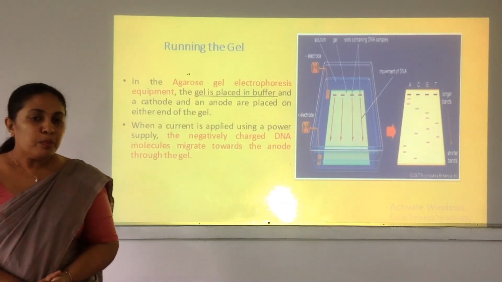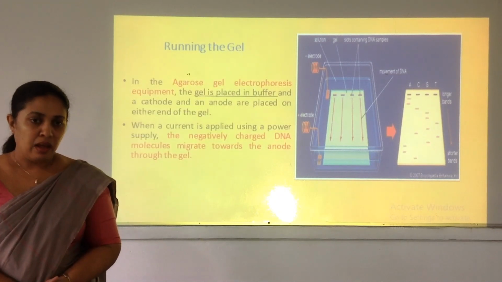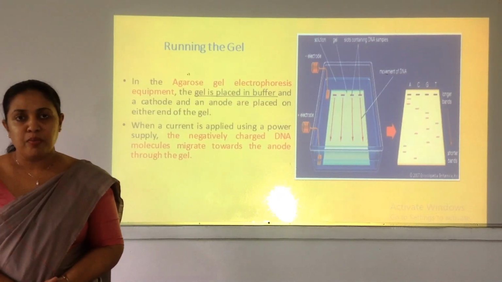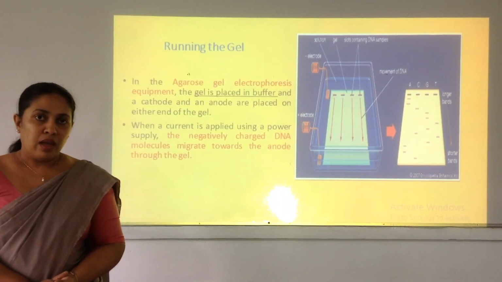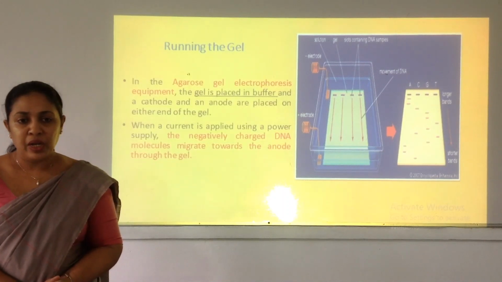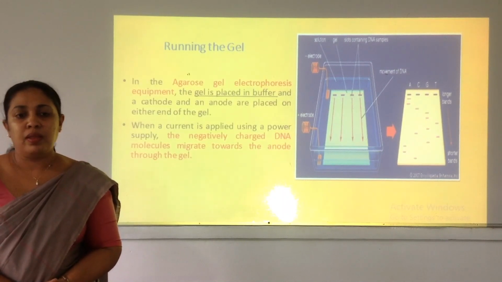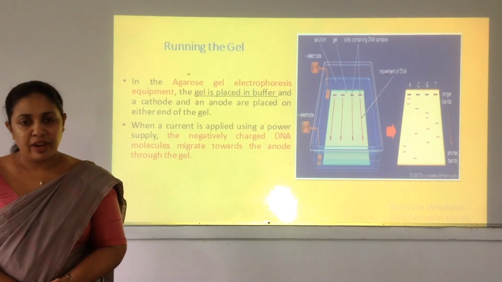So you have to pour the buffer and put the gel in the middle, and then you have to connect the equipment to the power supply and allow it to run at least half an hour to 1 hour, depending on the type of the DNA, whether it is whole DNA or DNA fragments.